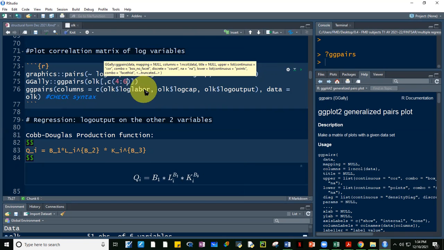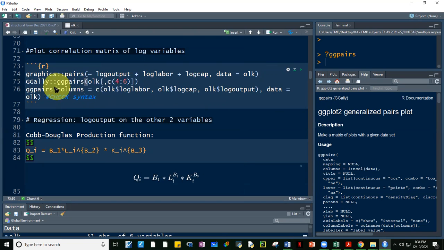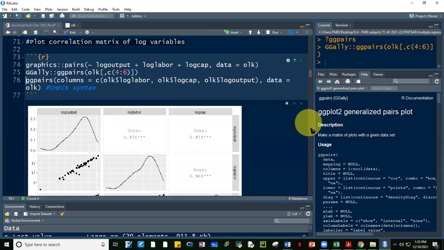Okay, let's see if this will work. I don't want to get the correlation plot for 1, 2, 3, which are yung output natin, labor at capital. Gusto lang natin si log output, log labor, capital. So subset natin si OLK. Tingnan natin if this will work. Minsan sensitive yung ano. Ayan, okay.